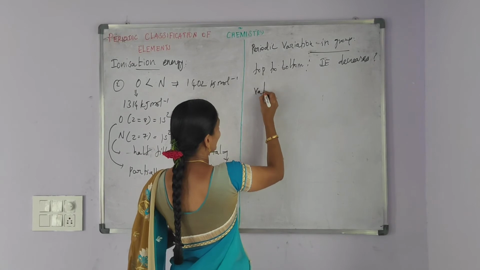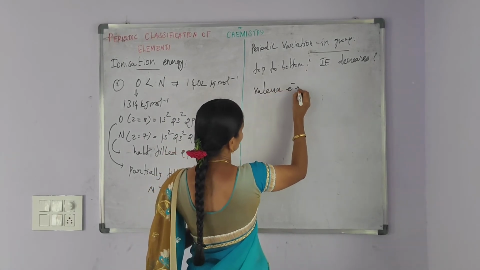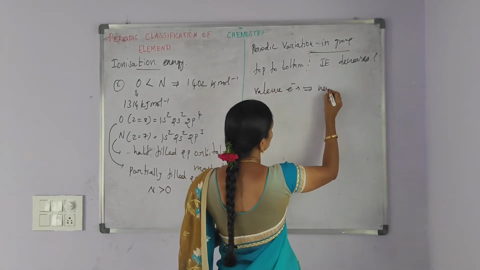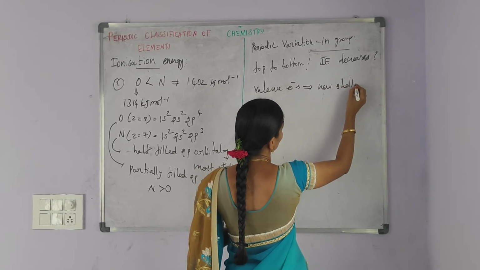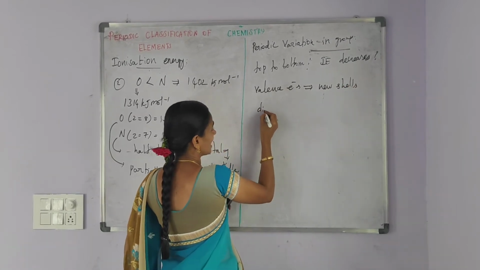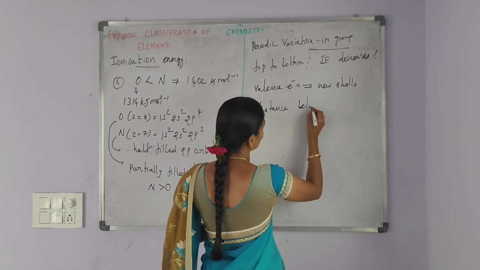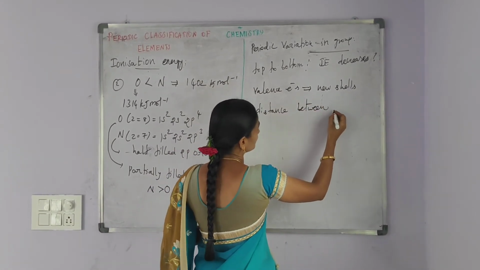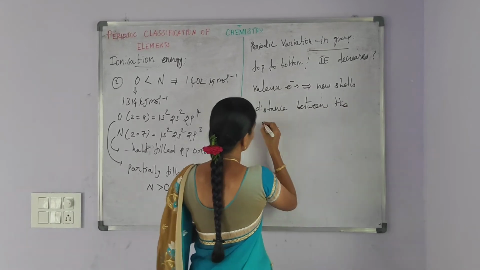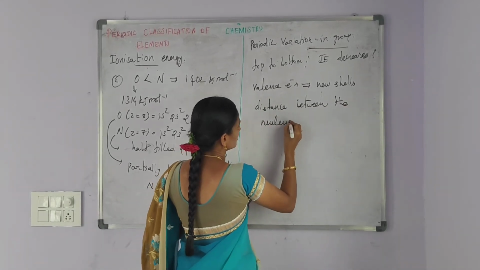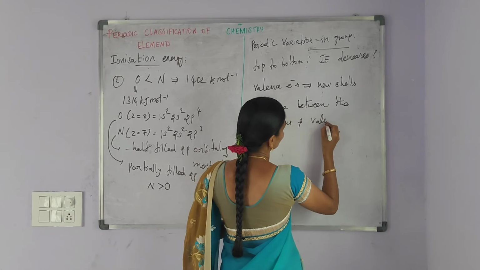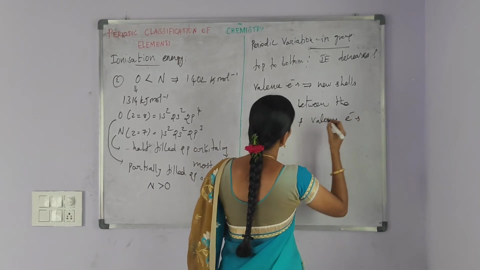Because valence electrons are added to the new shells. It leads to the increase in distance between the nucleus and valence electrons.